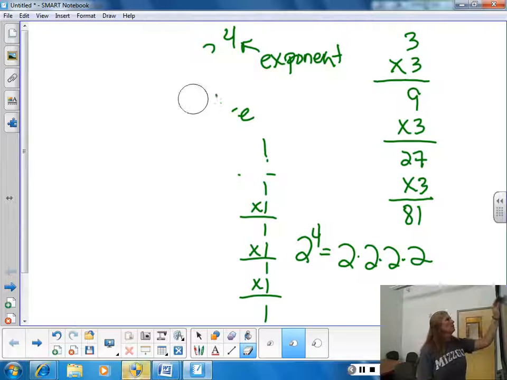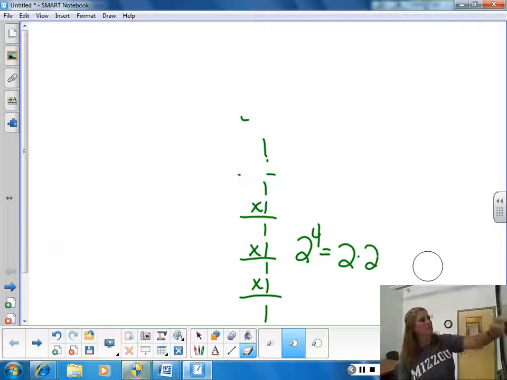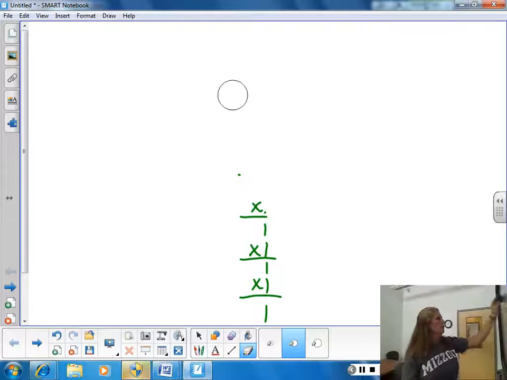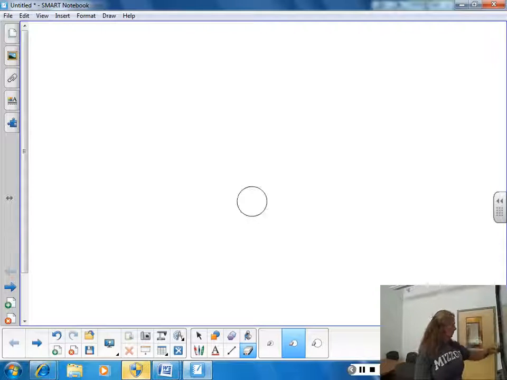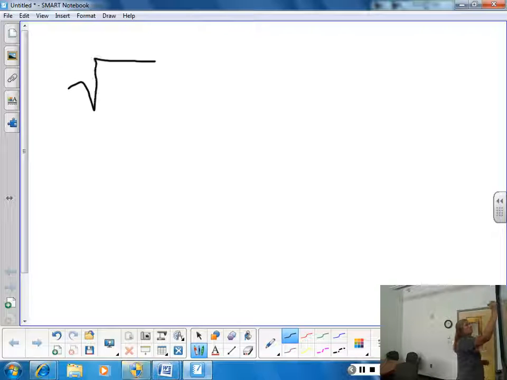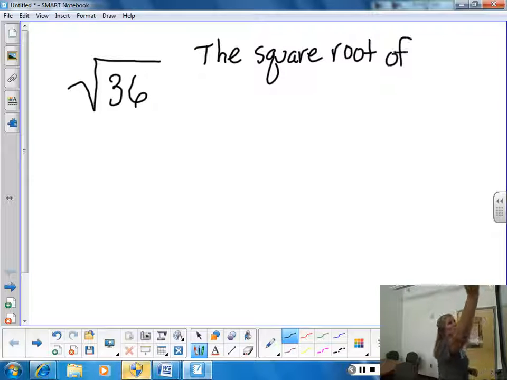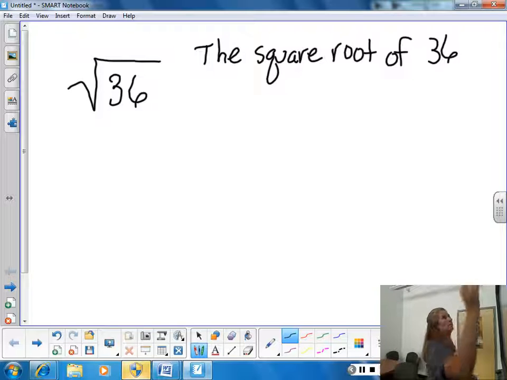Let's talk about square roots. The square root of a number, you may have seen this symbol before. This symbol right here, if I was to read that, would be read as the square root of 36.